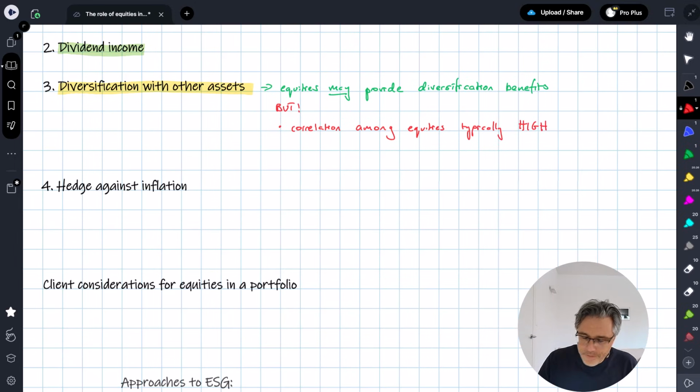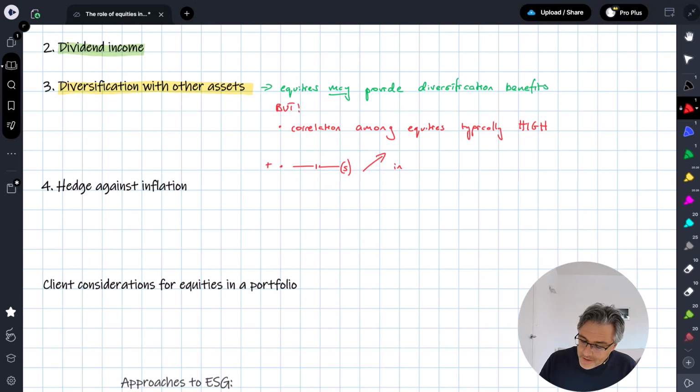And one other point that I remember making at level 1 and level 2, and your book does repeat that point quite a lot, is the fact that correlation measures typically go up quite a lot in periods, you guessed it, of market stress.